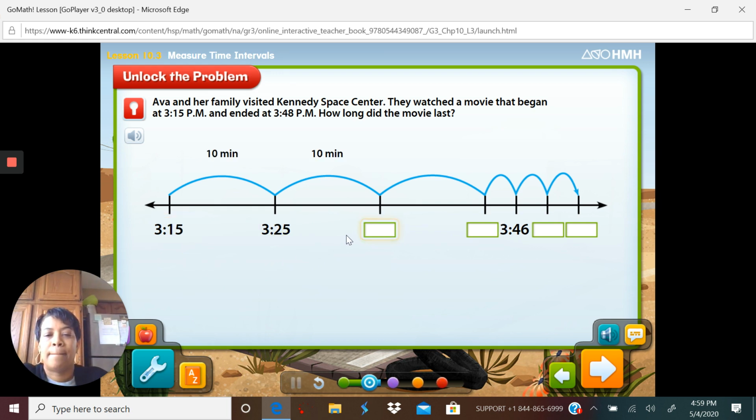3:25, 3:35, 3:45. Now count on by ones for each 1 minute interval of time. Okay, just to make sure you know where these numbers came from, they jumped every 10 minutes, and then they couldn't do that anymore because they're getting close to the time that the movie ended, which was 3:48.